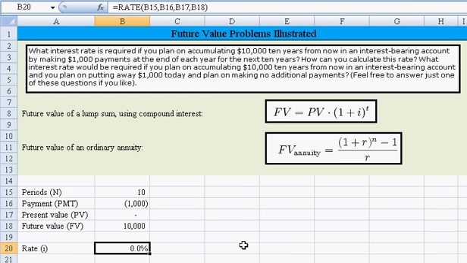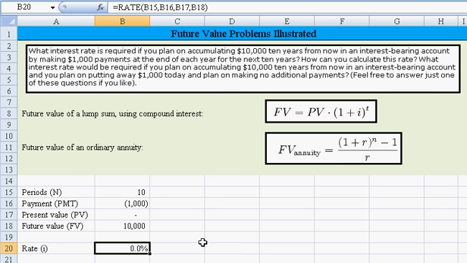Now, let's take a look at the next question. How can you calculate this rate? Well, we calculated the rate by using Excel. It's built into it. We could calculate it by using this formula here. Now that we know the rate, we could plug the rate in, work the formula, and come up with the $10,000.